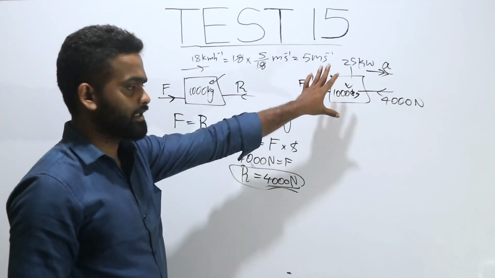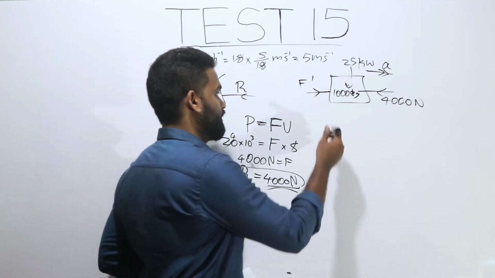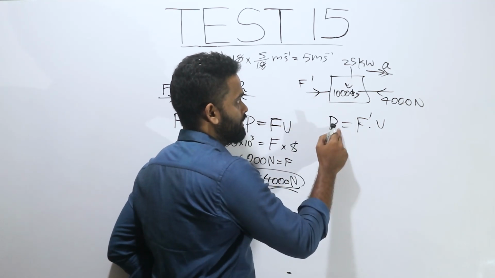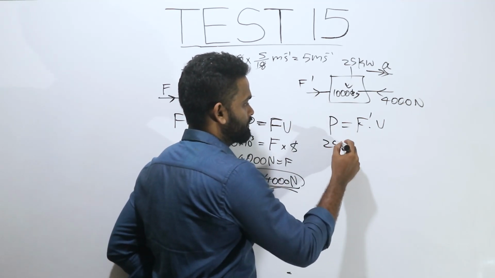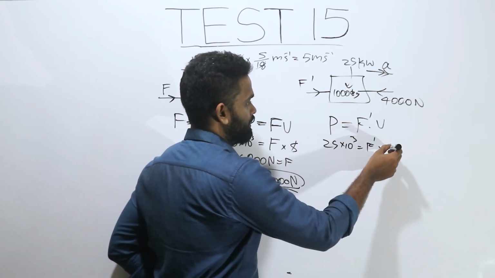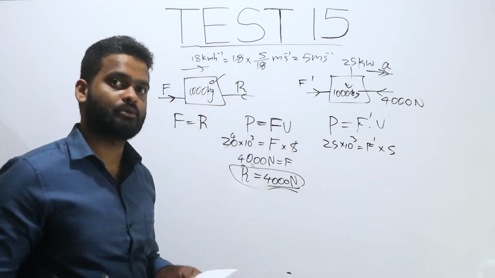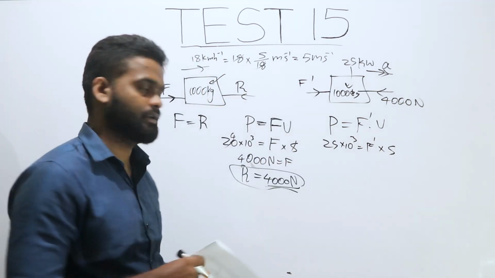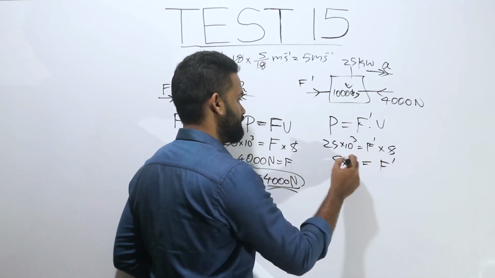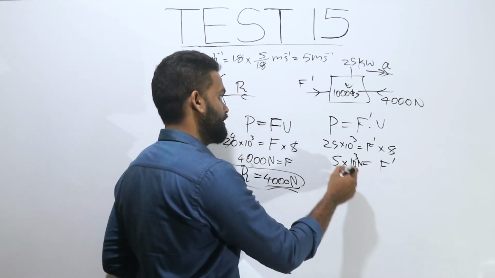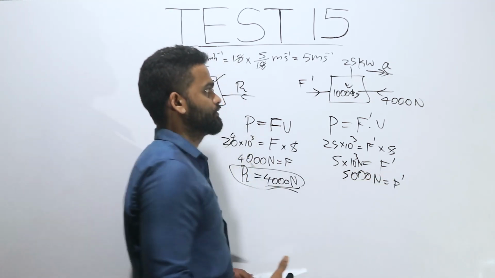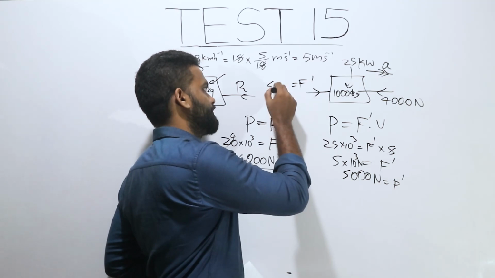So I'll apply this equation once more to find F dash. Power is 25 kilowatts, F dash we don't know, and at the initial moment V was 5. So F dash should be 5 times 10 to the power 3 Newton. Now the driving force has increased to 5000 Newton.